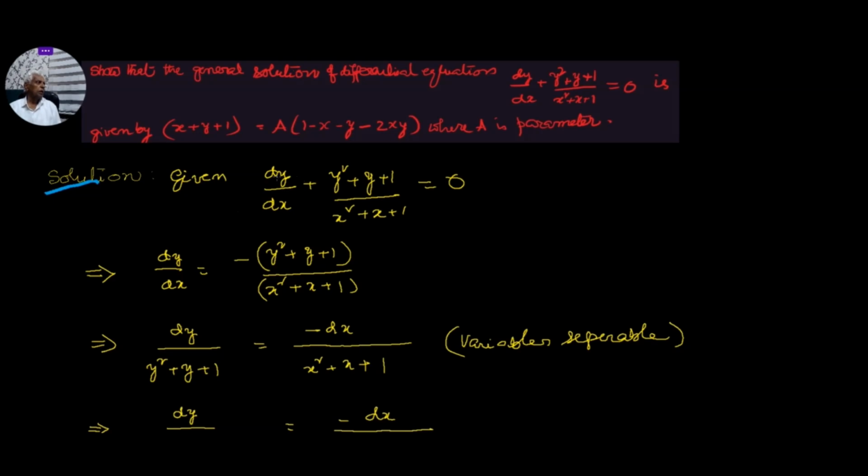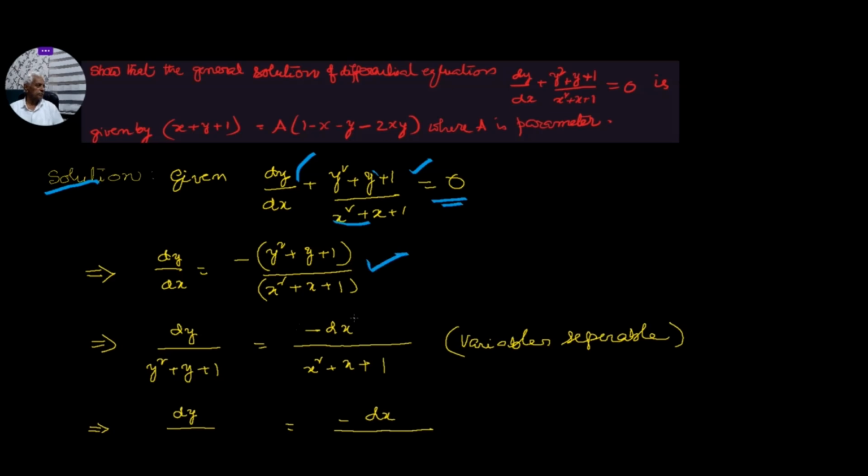Given dy by dx plus (y square plus y plus 1) divided by (x square plus x plus 1) equal to 0. So if you take this whole thing to this side, you get dy by dx equal to minus of (y square plus y plus 1) whole divided by (x square plus x plus 1).